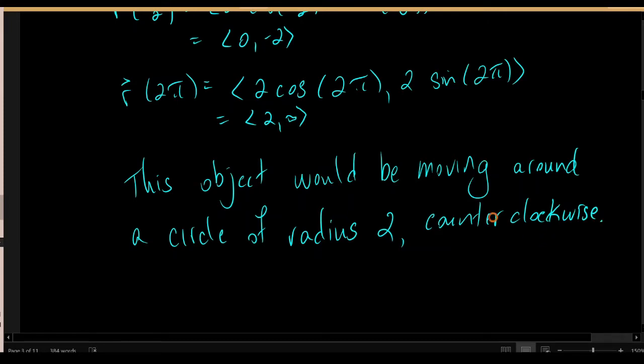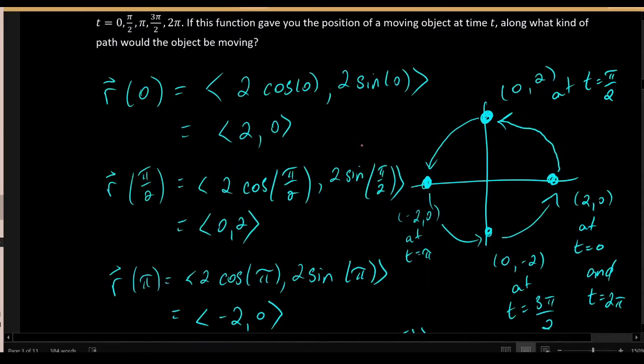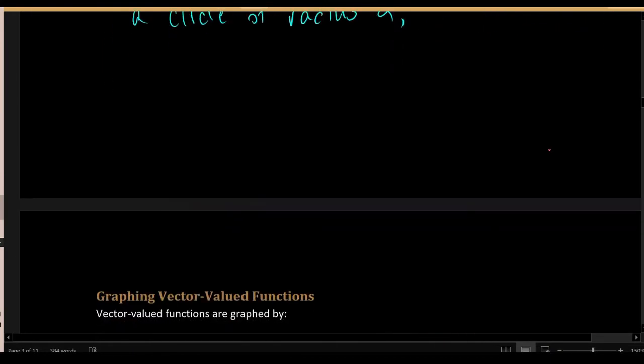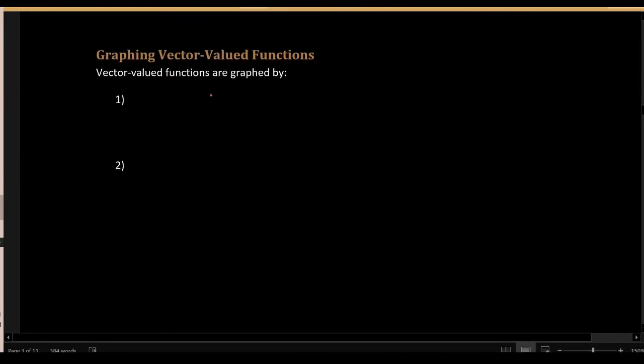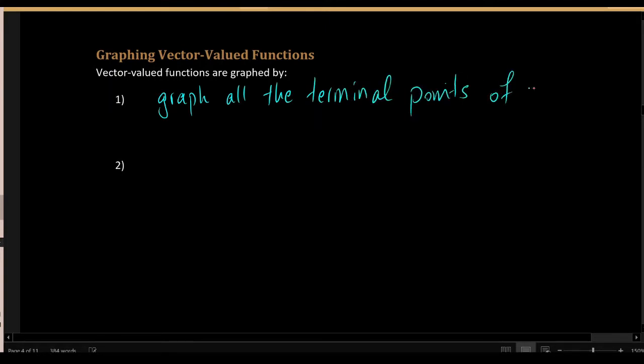This kind of drawing that I have given on the right hand side here of this problem is how we represent a vector-valued function graphically. If you want to graph a vector-valued function, the first thing that you want to do is graph all the terminal points of the output vectors.